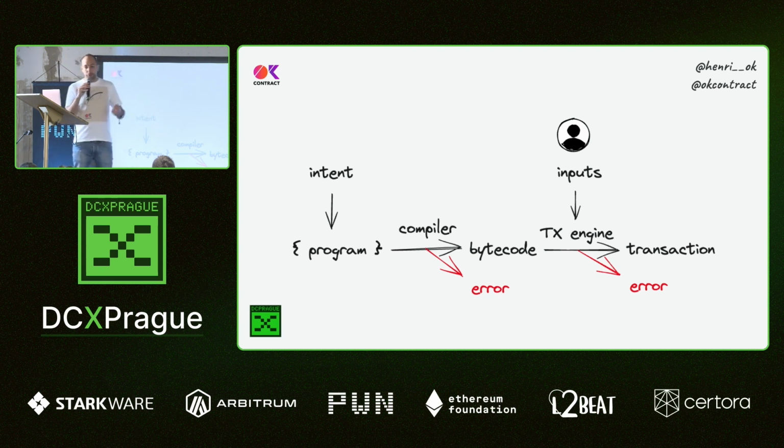And then when we have this bytecode which represents, let's say, a seemingly valid transaction, then we have a TX, transaction engine, which basically takes the user input and either gives a runtime error, this time on the right, or outputs the transaction.